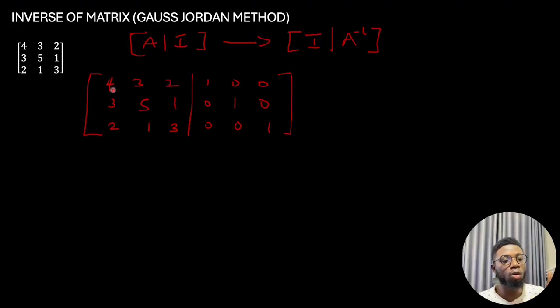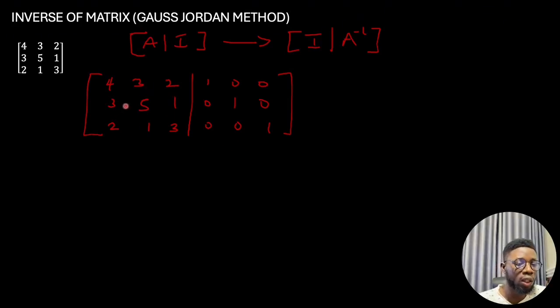So we're going to be going column after column. I'll deal with this column first, then this column, then move to this last column. Don't forget, we're trying to make the left-hand side become the identity matrix. We don't really need to bother about the diagonal elements that much, because all we have to do to turn them to 1 is divide them by themselves. So we'll do that as the last step.